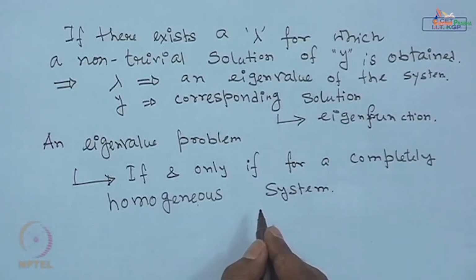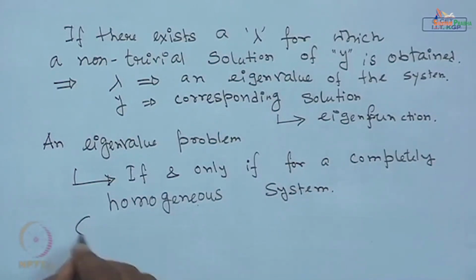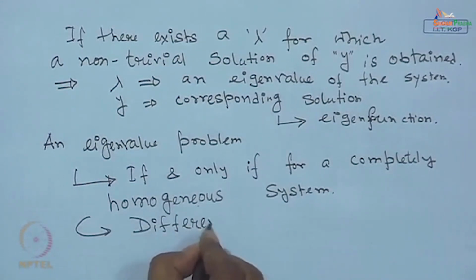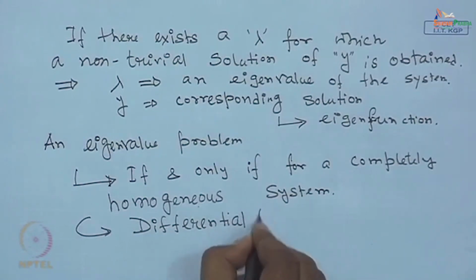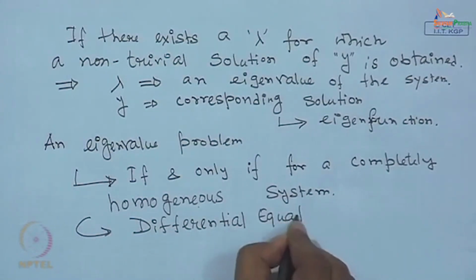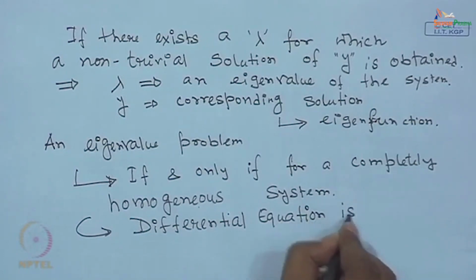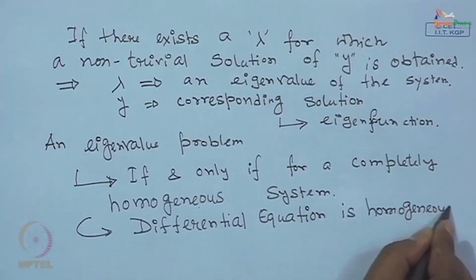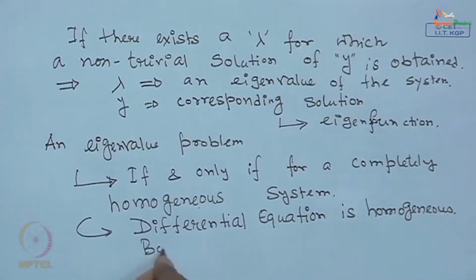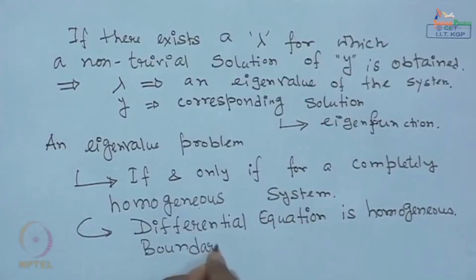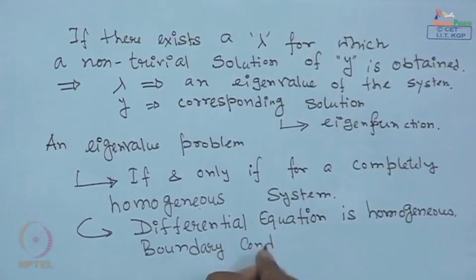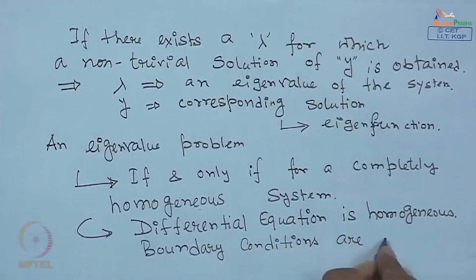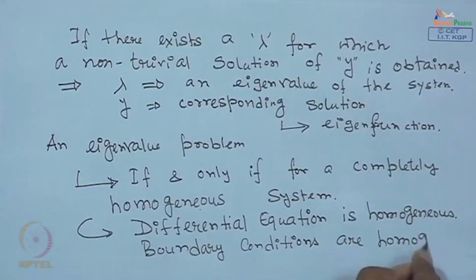By homogeneous system, we mean that the differential equation is homogeneous and the boundary conditions are also homogeneous.